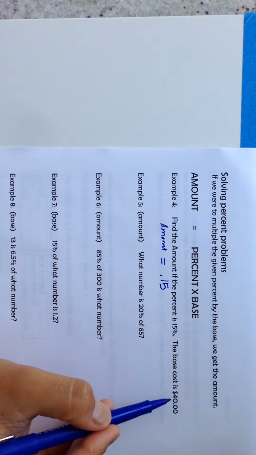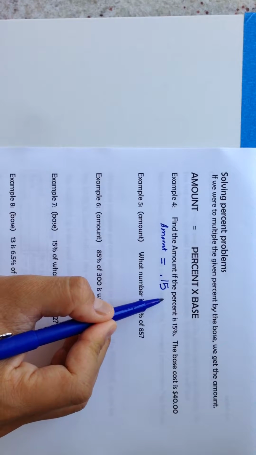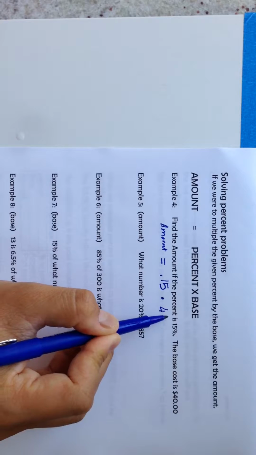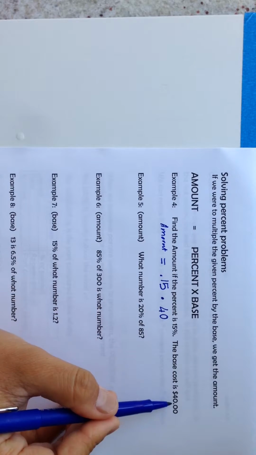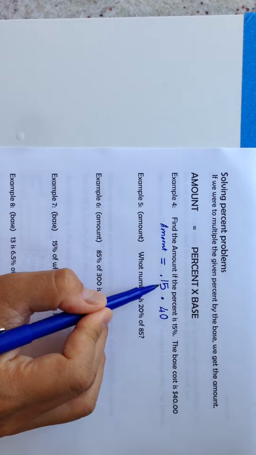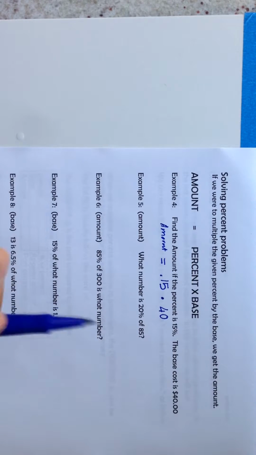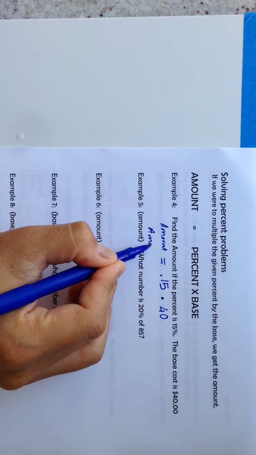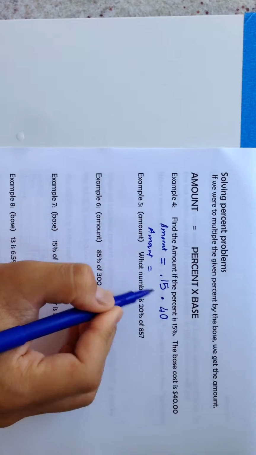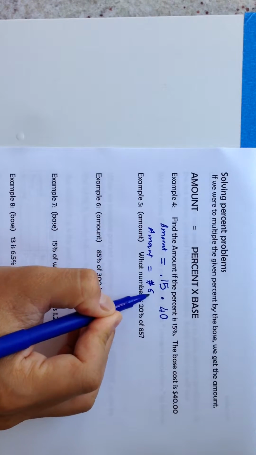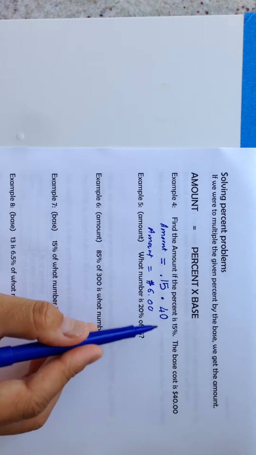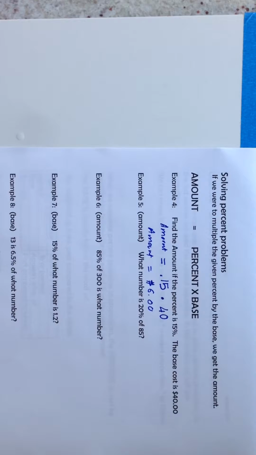You spent $40 on your dinner, so you multiply that with $40. You spent $40 on your dinner and you want to tip 15%. So how much should you tip? If you multiply these together, it comes out to be $6. So you will be tipping $6 for a $40 meal, which is 15%.